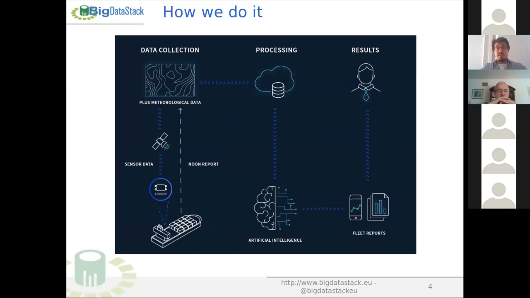How do we do it? Being on board, installing sensors, collecting data from different systems of the vessel, which are sent over a satellite connection to our data houses, and we also augment this data with meteorological information given the vessel position at a specific time.